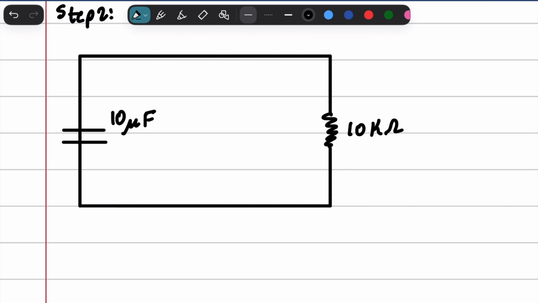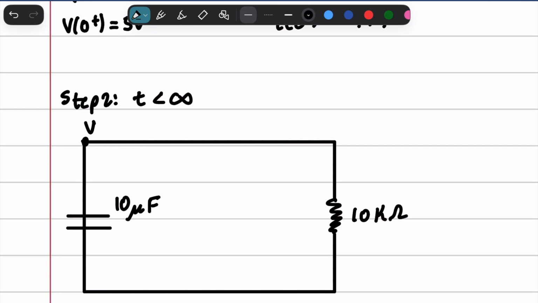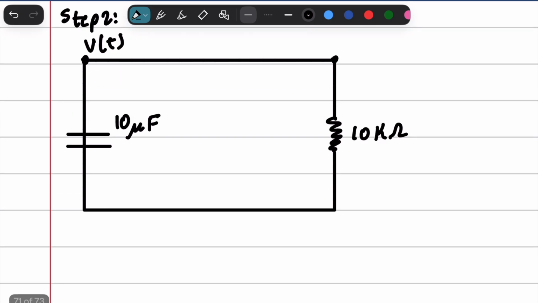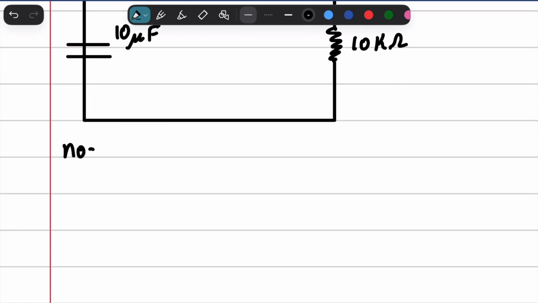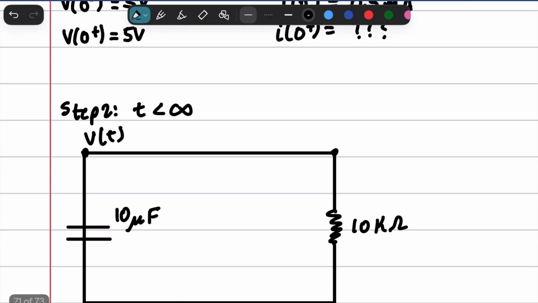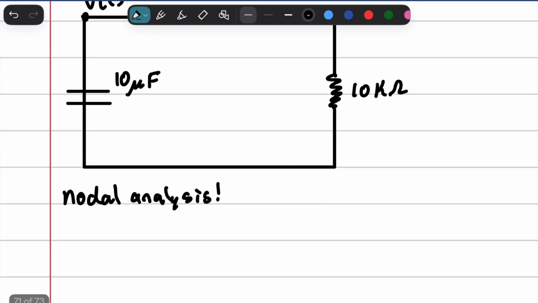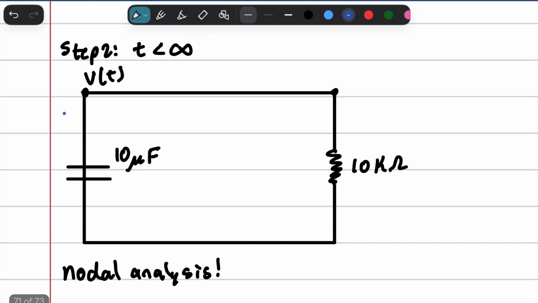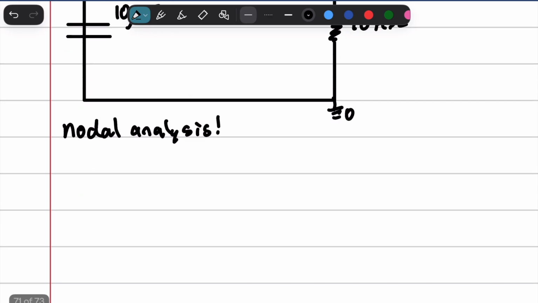So we still want to find the voltage here, and the voltage here is the same thing. It's all V of t. Now, what is an analysis that we know that we can use to solve this? Well, a nodal analysis. We're going to find a nodal analysis down this way, and we know this is ground right here.